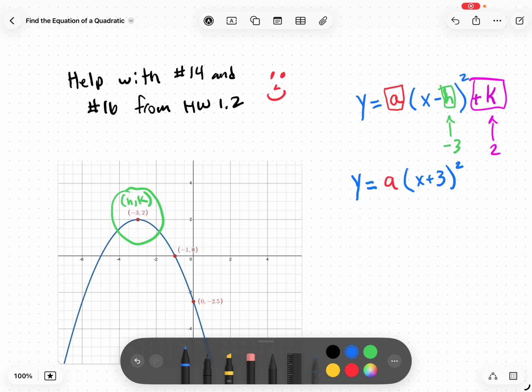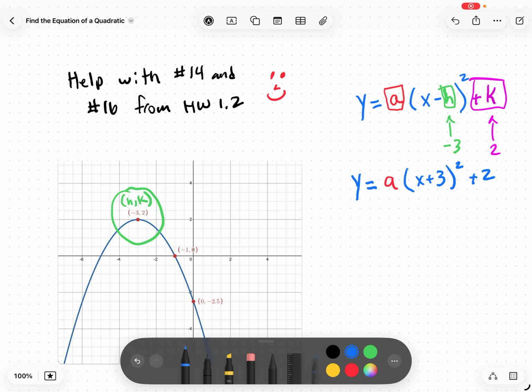And then I have that vertical shift of 2, so I write plus 2. All that means is our parabola, the vertex has been shifted to the left 3 units and up 2 units. That's where you see my green circle there, h comma k. So we're 2/3 of the way done with this problem just by looking at the graph.